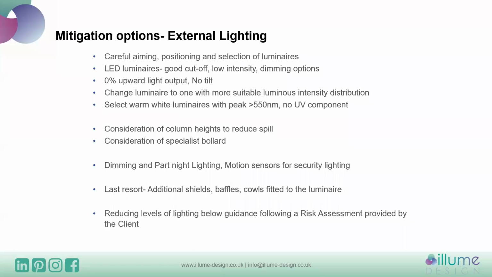Considering column height, so low level is not always the best option. But if you do want to go low level, then considering a specialist bollard that is downward directional. And also controls. And it may be that it comes to a point of looking at lower levels of lighting within that area. But this would be subject to, as I mentioned, risk assessment and considering the safety on the site.